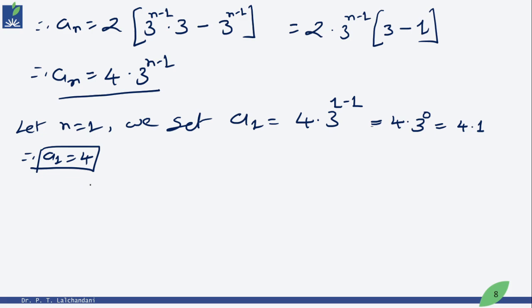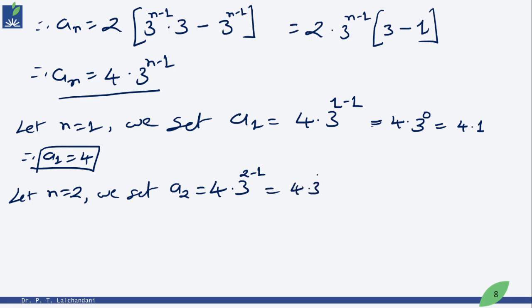So we got the first term of our arithmetic progression. Let us find out the second one. Let n equal to 2, we get a2, that is equal to, put n equal to 2 here, 4 into 3 raised to 2 minus 1. So that is 4 into 3 raised to 1. So 4 into 3, that is 12. So this implies that a2 is equal to 12.